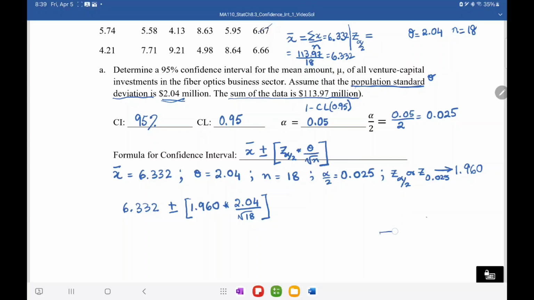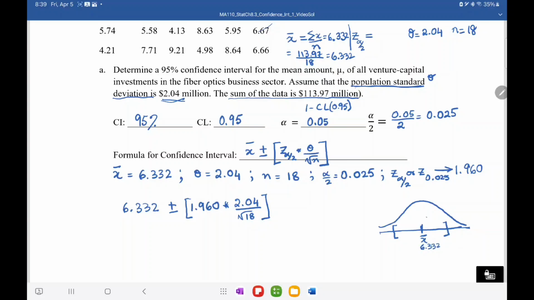I will have my normal curve. This is my normal curve. At the center, I will have my X bar, and then I'm building my confidence interval around the X bar value. Our X bar value we found was 6.332.